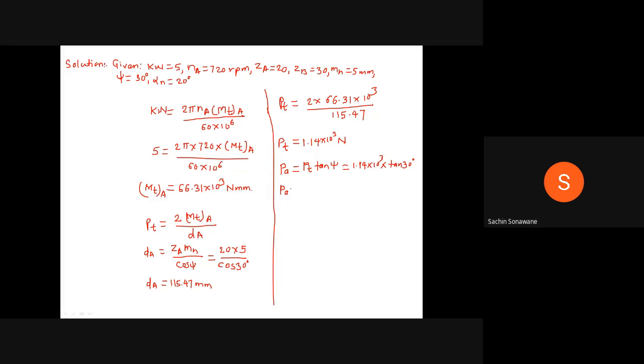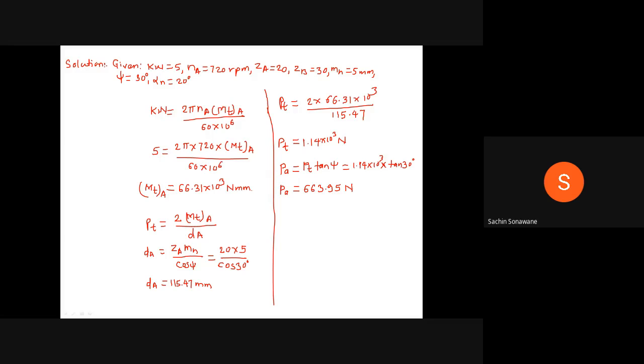Therefore thrust force or axial force PA is equal to 663.95 Newton. All other students should solve this, because the examination will be there.